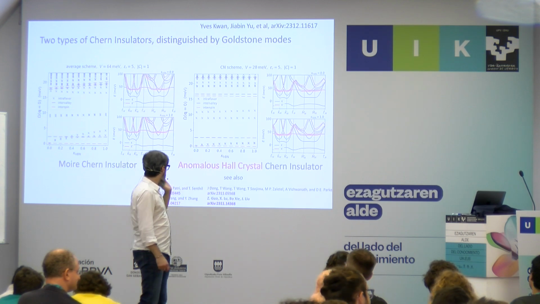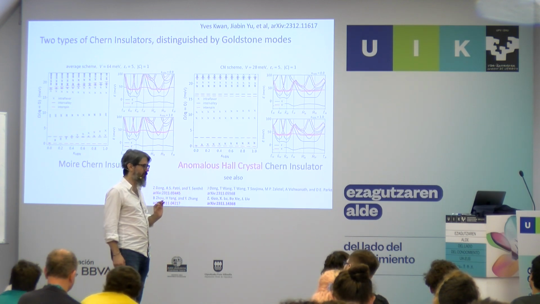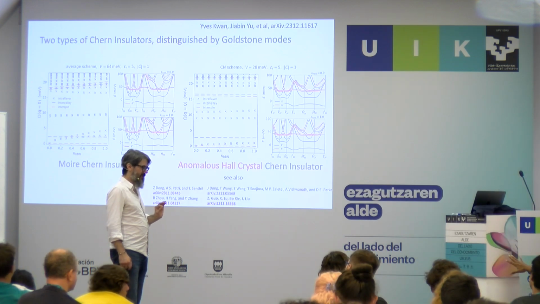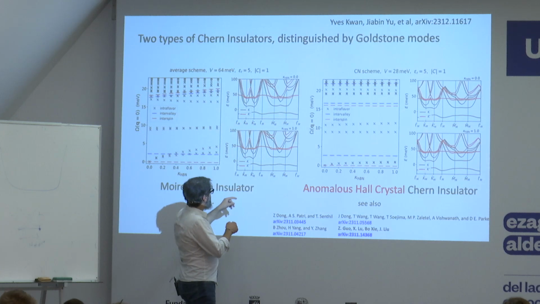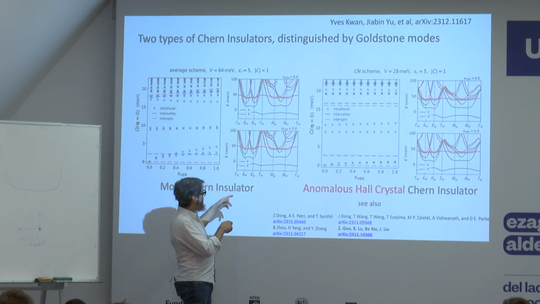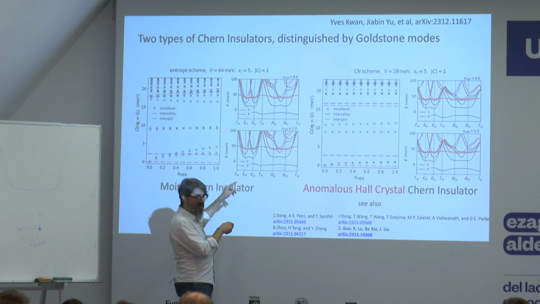Very good point. So first of all, the time reversal breaking doesn't have anything to do with the band folding. So let me give you an example. Here, basically, if I'm not mistaken, and Eve can correct me, because they're his plots, but I don't think I'm mistaken, this is the other band.